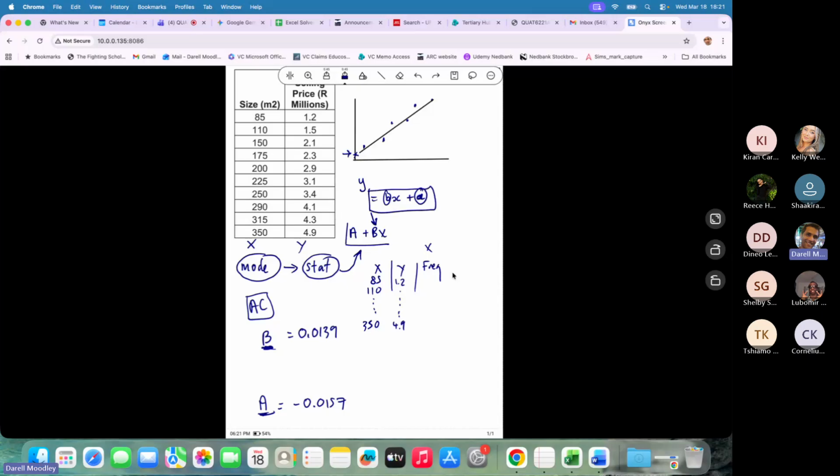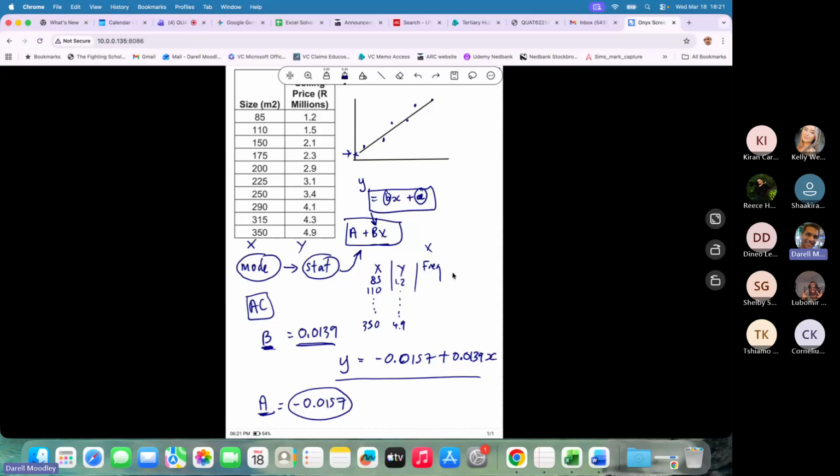A plus bx. So we're going to write out y equals A, but instead of A, we write the value of A. It's minus 0.0157 plus B, which is this value, times x.